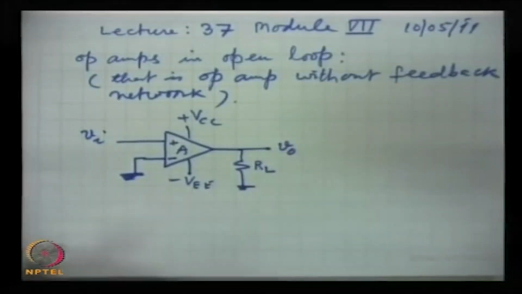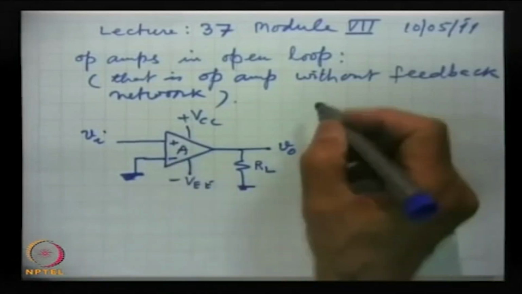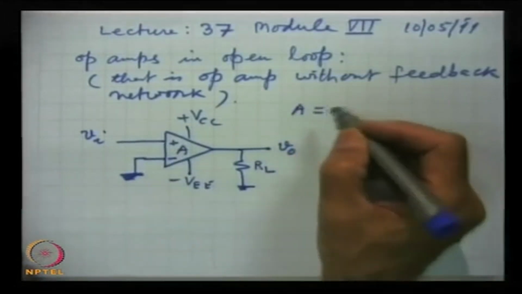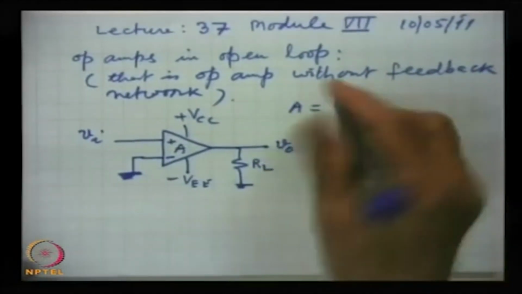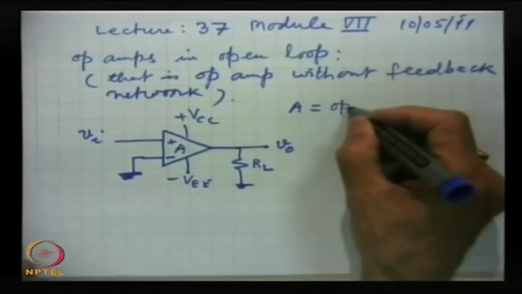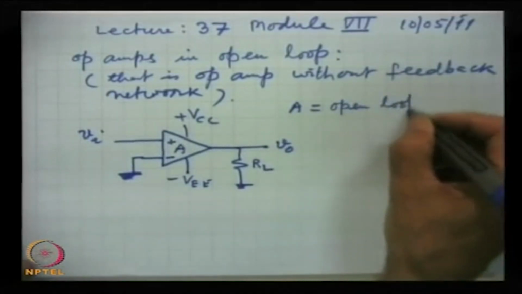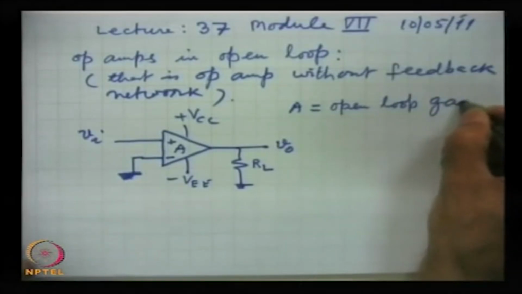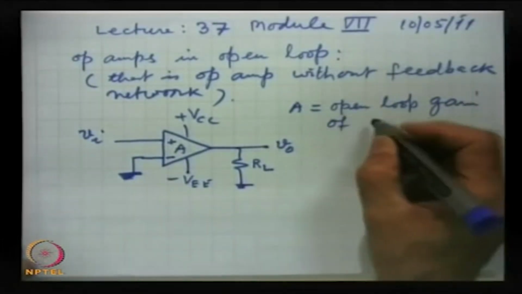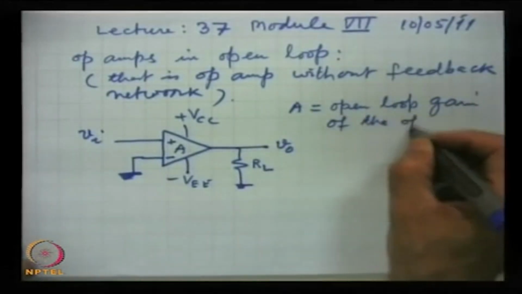Now, this A is the open loop gain, always remember, open loop gain, the gain of the op amp.